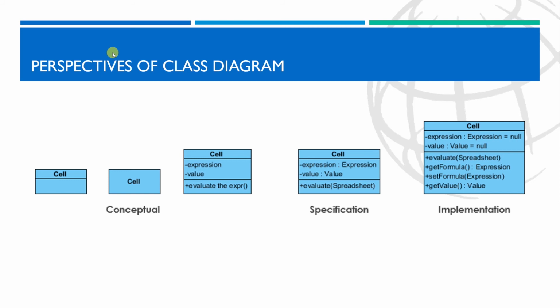As we saw before, the class name is the only mandatory information, and then you can start with a conceptual perspective, and you keep growing the class when you have more information about what you need in the attributes and methods to pass from conceptual to implementation.